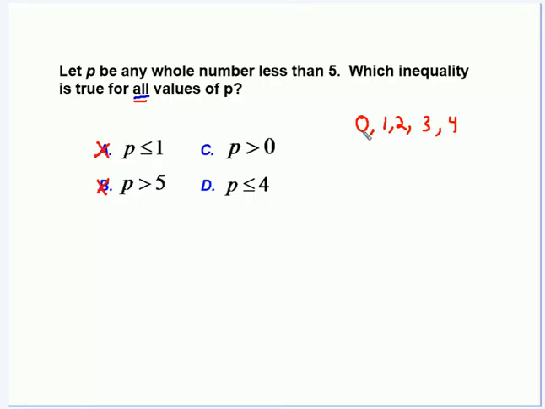Well, 0 is included, so we know that one's wrong. How about P less than or equal to 4? Well, 0 is less than or equal to 4. 1 is less than or equal to 4. 2, 3, and 4 is equal to 4, so we know that D is the correct answer.